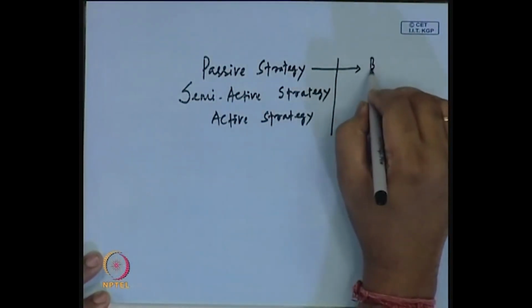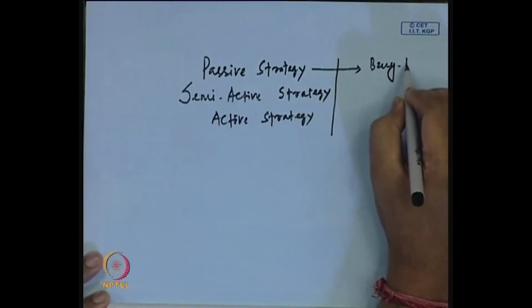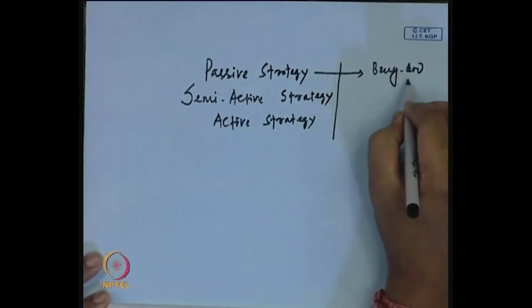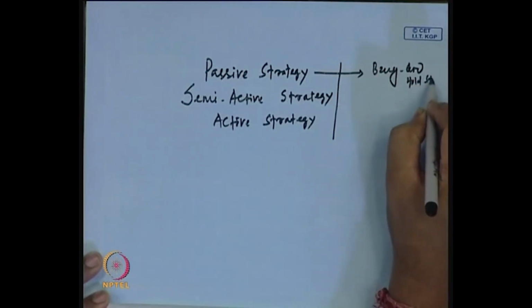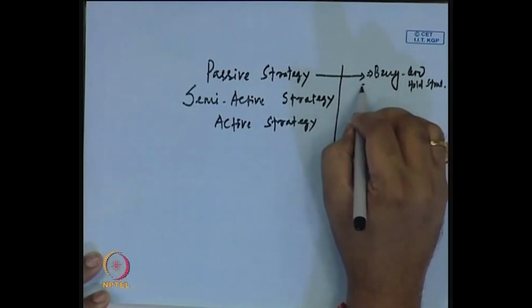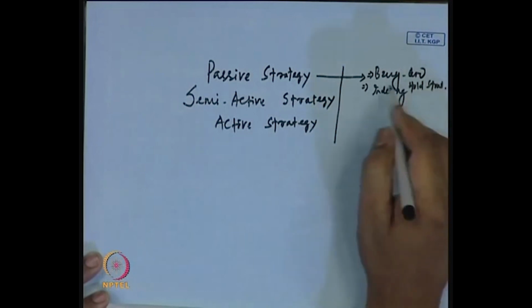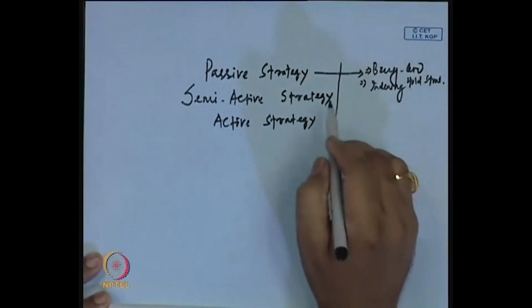In the case of the passive strategy, we discussed extensively in the previous class the buy and hold strategy to a large extent, and also the indexing, and within the buy and hold strategy we also discussed laddering.